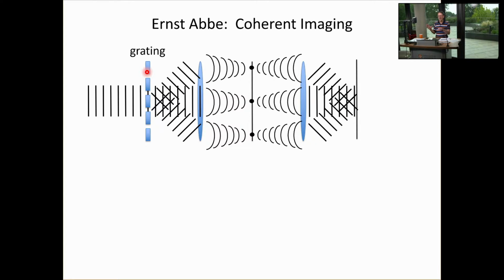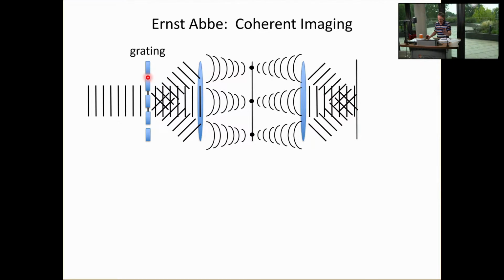I projected a laser beam through a slide, and you saw the two diffraction orders appearing, and that told you, of course, that the modulation on the slide is a sine wave modulation of the amplitude, right? So that gives you the two orders at e to the i k naught x and e to the minus i k naught x, and that's the sine modulation. And there was a zero order as well, because the whole thing is shifted. There's a DC component in the field. So let's suppose we have such an object.